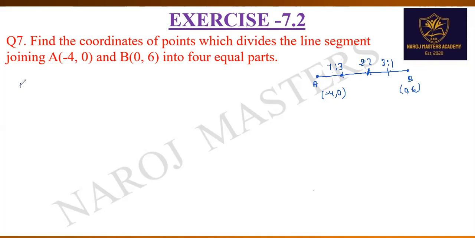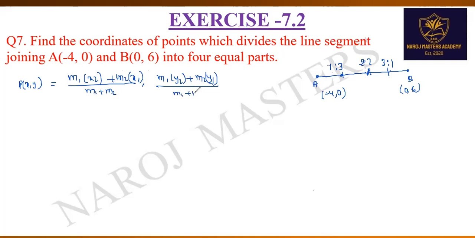So P(x, y) is equal to ((m1 x2 + m2 x1)/(m1 + m2), (m1 y2 + m2 y1)/(m1 + m2)). So in the first case, take 1 is to 3. So case 1: here m1 is to m2 is equal to what?